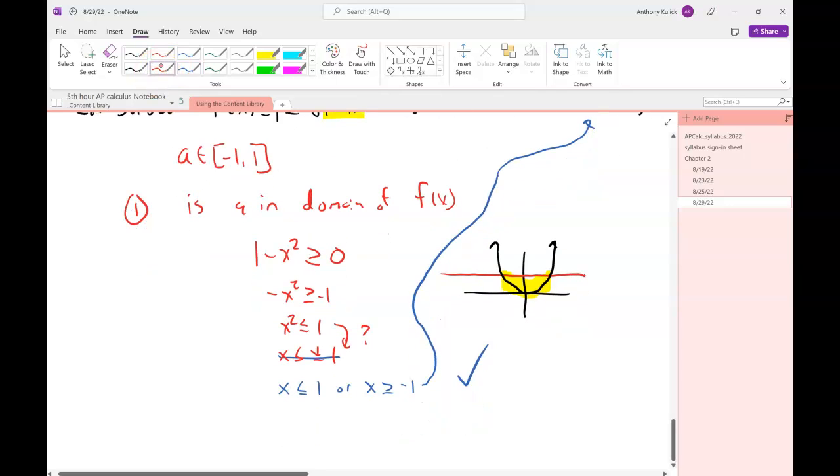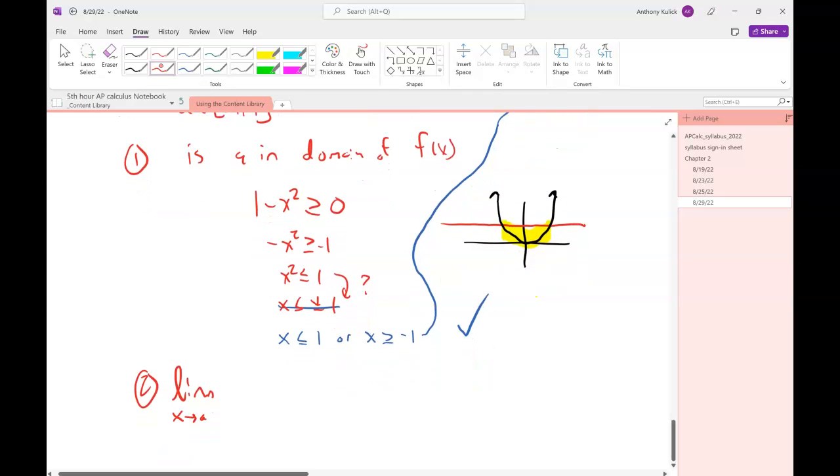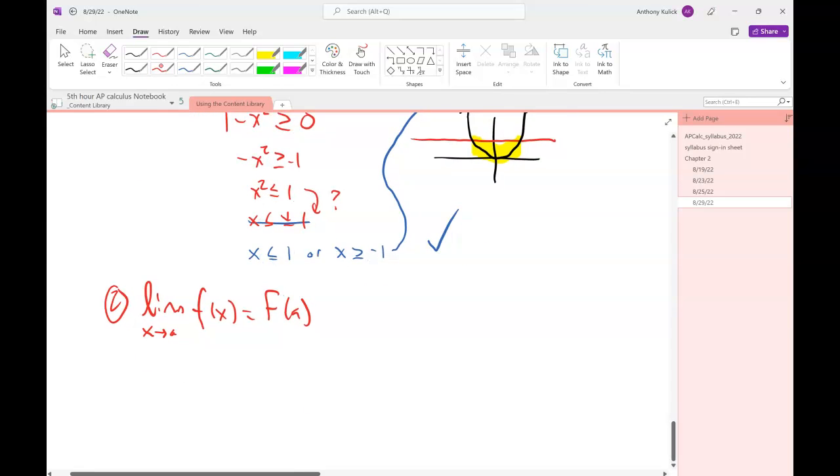The next thing we need to do then is to show that the limit as x approaches a of f of x is equal to f of a. That's the second thing we need to show. Everybody's good? Okay.